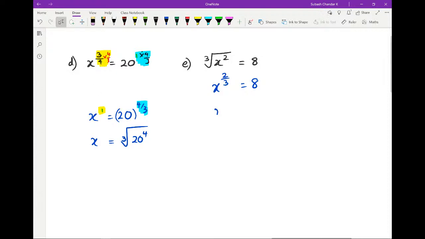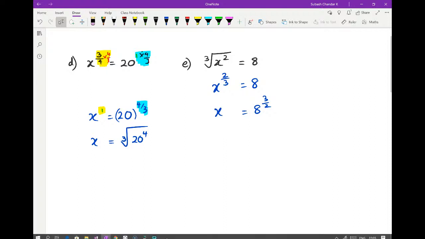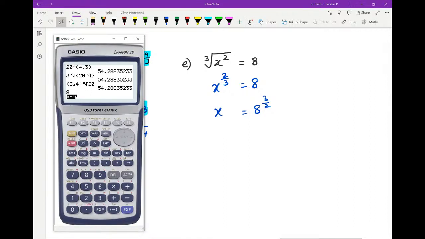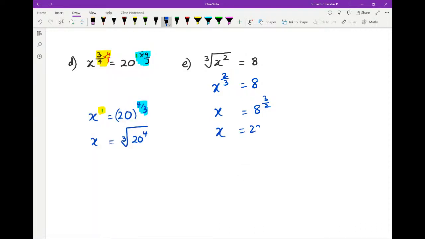What you've got to do is put x is equal to 8 to the power of 3 over 2. That's it. You're done. Finished. Yeah, 22.62 or 63.